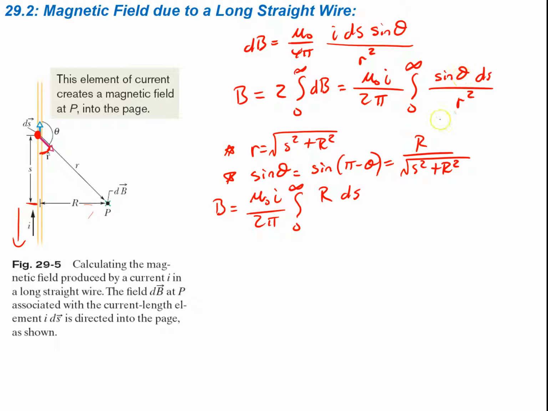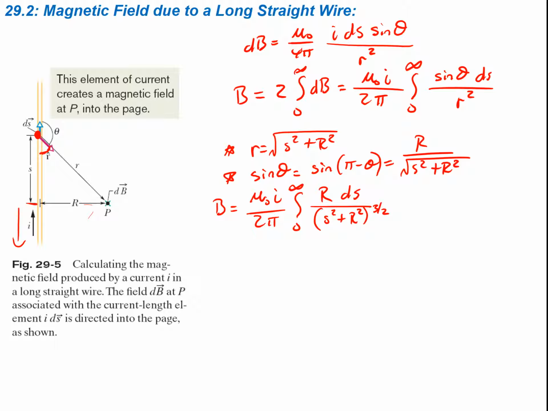We're replacing sine theta with this, divided by what we have left on the bottom, which is s squared plus r squared to the 3 over 2.